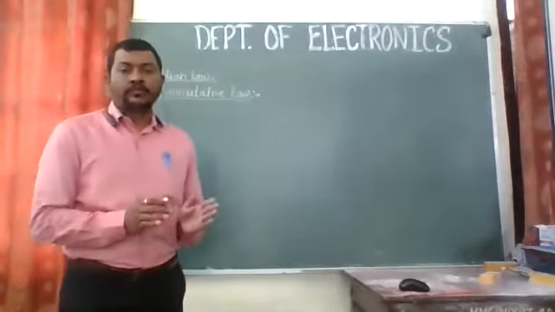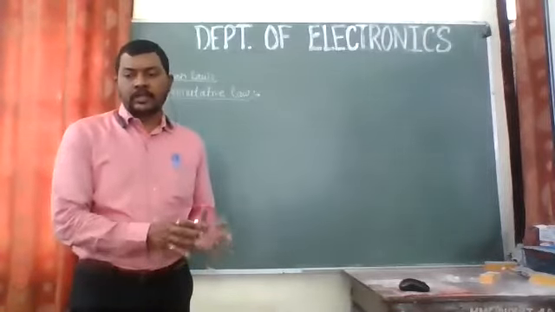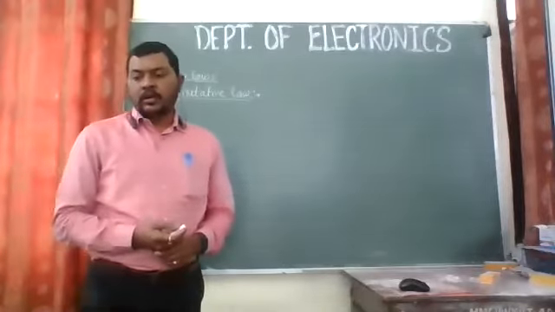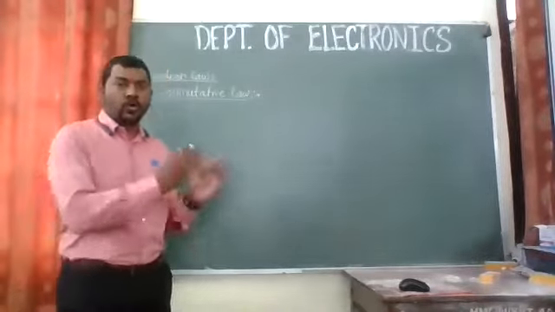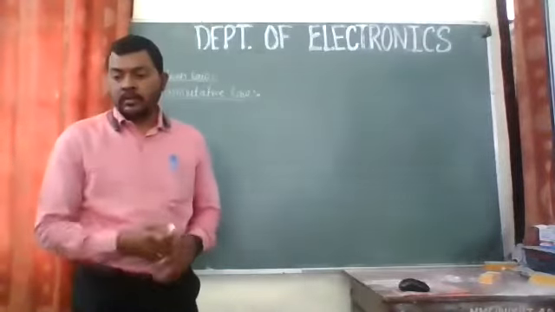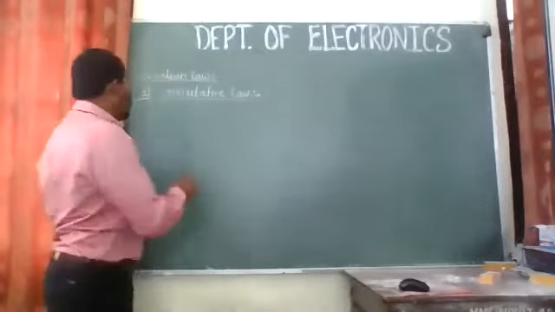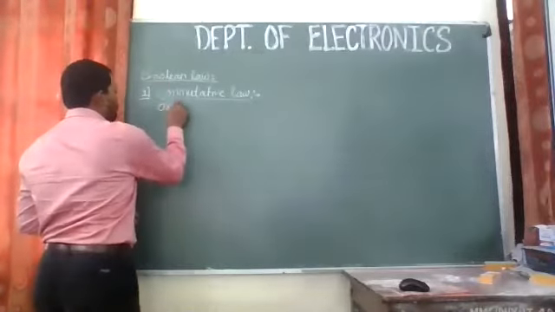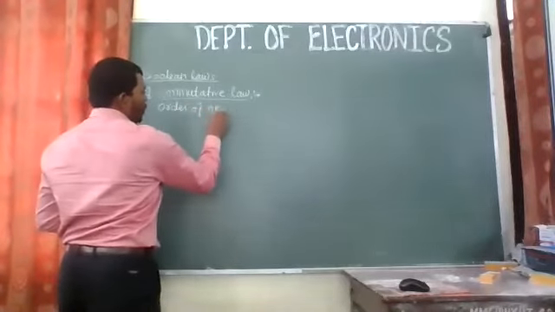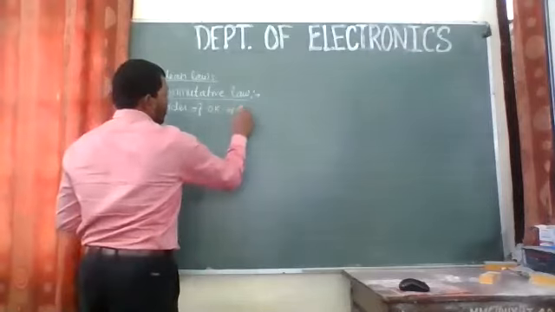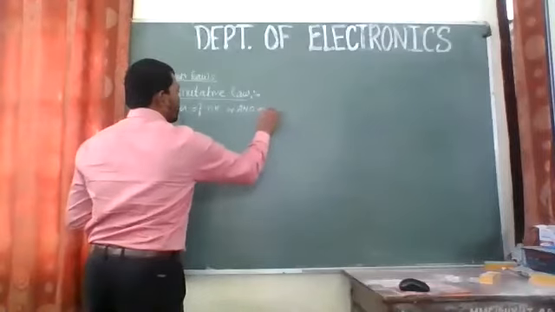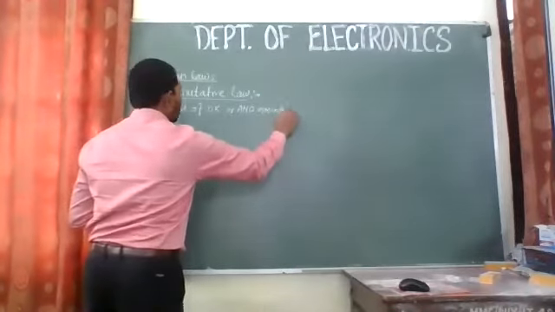The order of the variables having OR and AND operations can be changed, and that is the commutative law. The order of variables, whether in an OR or an AND operation, can be changed.